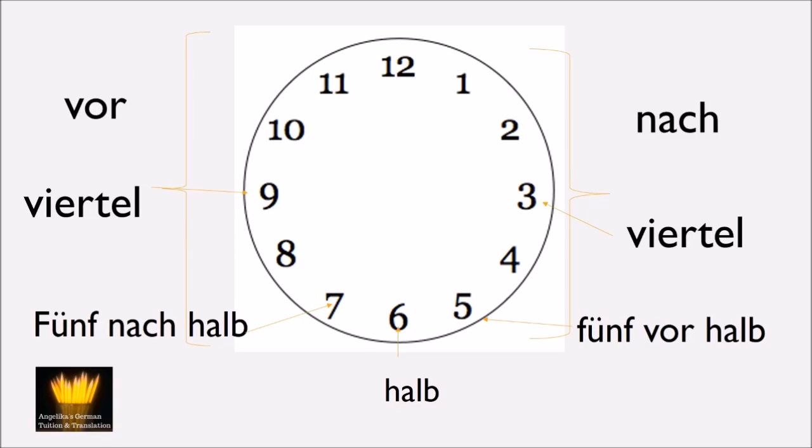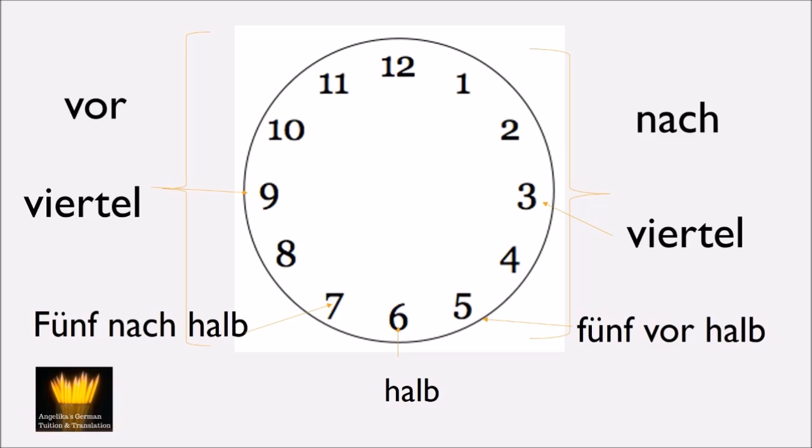So just to recap everything again. While the full hour is just something Uhr, 5 Uhr, 6 Uhr, 7 Uhr, 1 Uhr. Then past it's nach, so 5 nach, 10 nach, 20 nach, quarter is viertel, so viertel nach.